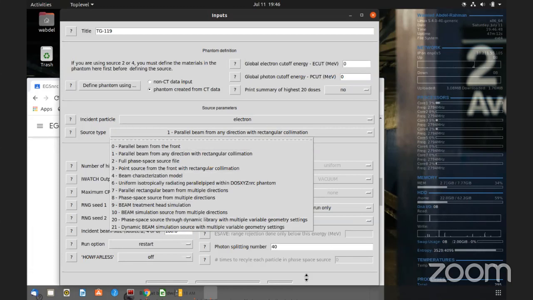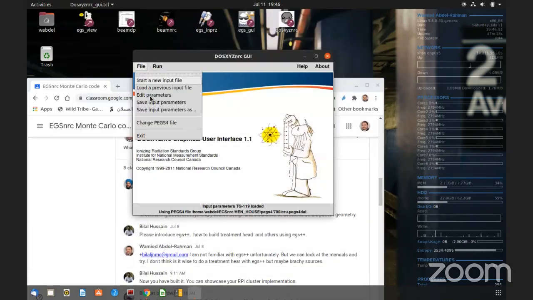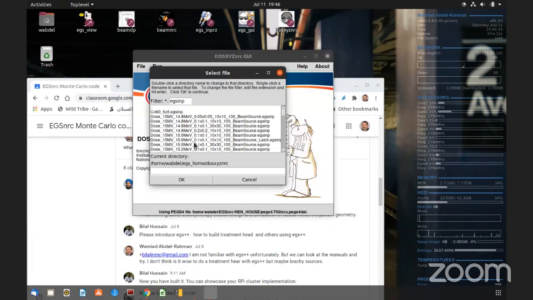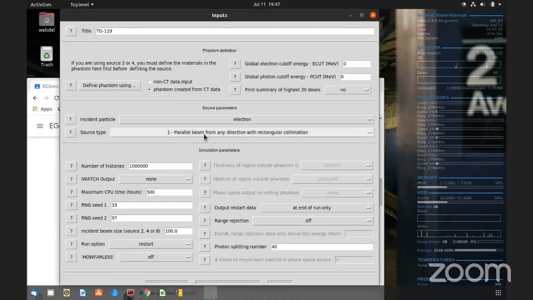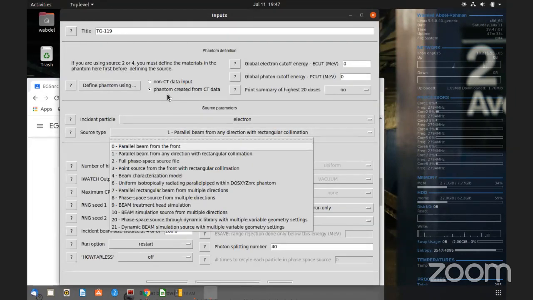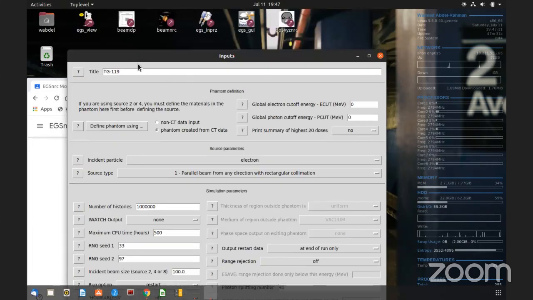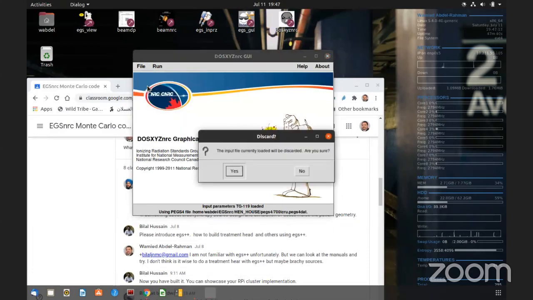And what I've done, so that you understand how to do this, is edit parameters, load the previous input file, and we will open the beam source. This is wrong. Load the previous input file.